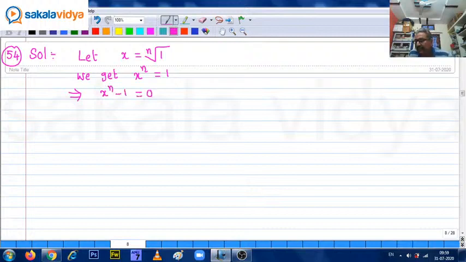So we get an nth order equation. What are the roots given here? Roots are 1, omega, omega square and so on, omega to the power of n minus 1. These are the roots of this equation.